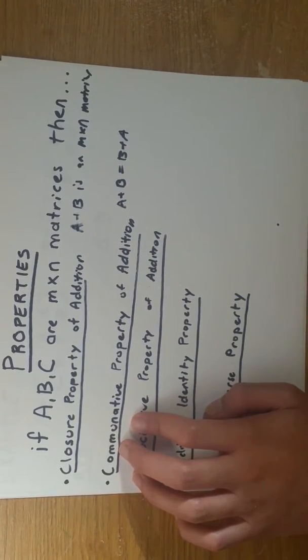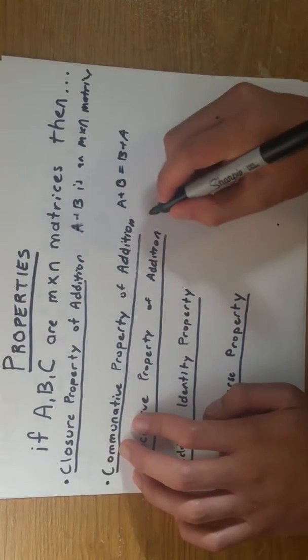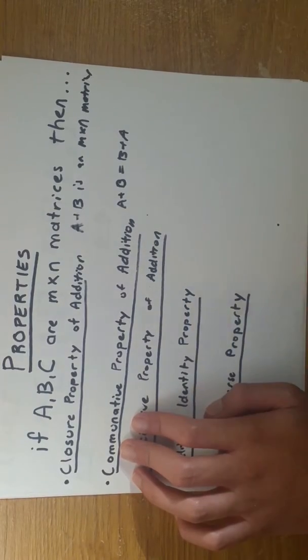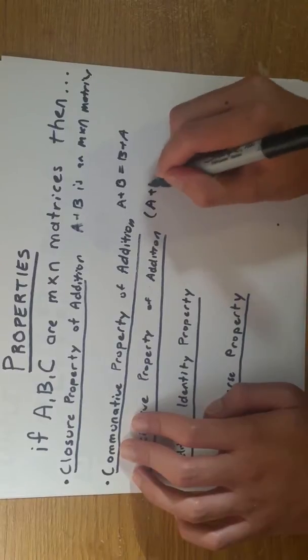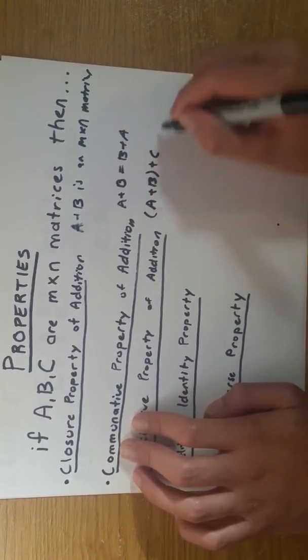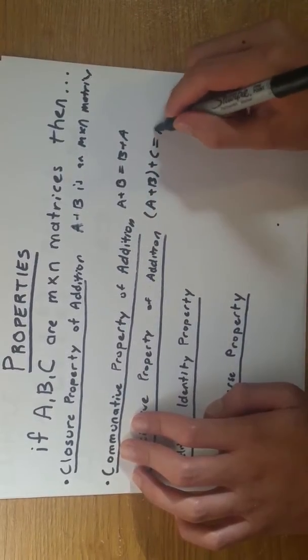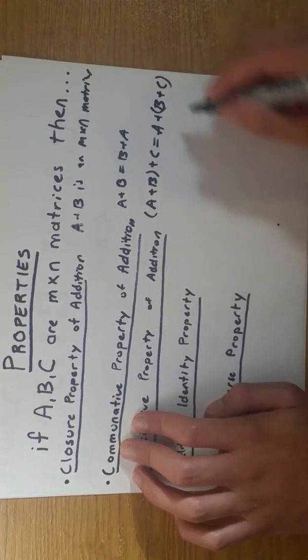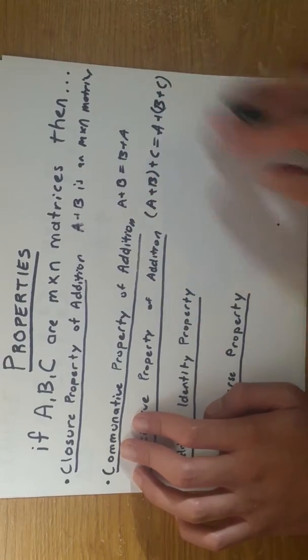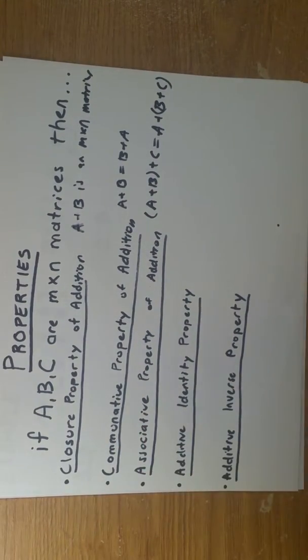We also have the associative property of addition: A plus B plus C is also equal to A plus B plus C. As you can see, they're all adding the same thing.